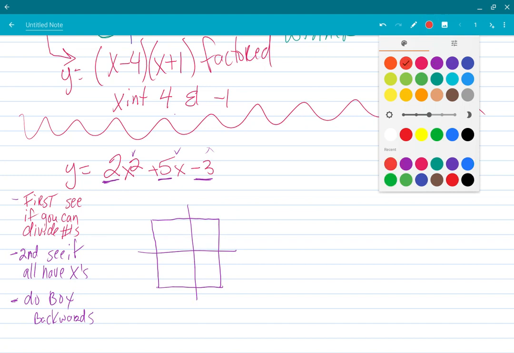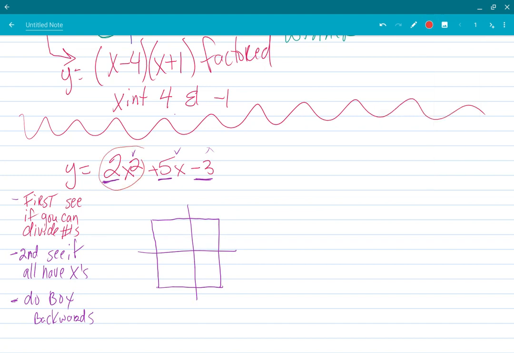In the top corner goes 2x squared, and in this one goes negative 3 at the bottom. And these two, this is the unknown. This is the hard part. These two have to add up to 5x. Okay. All right.